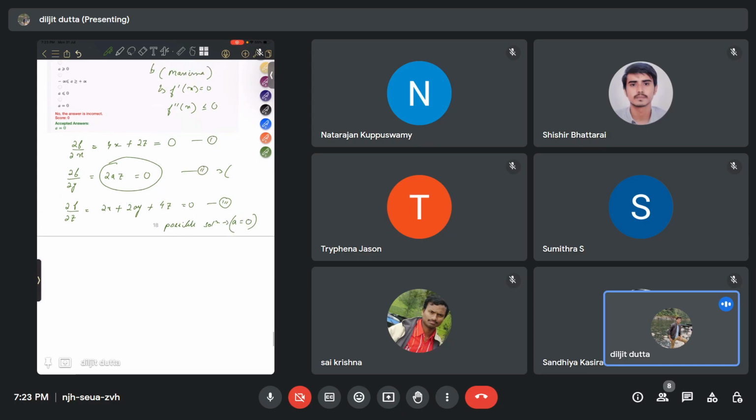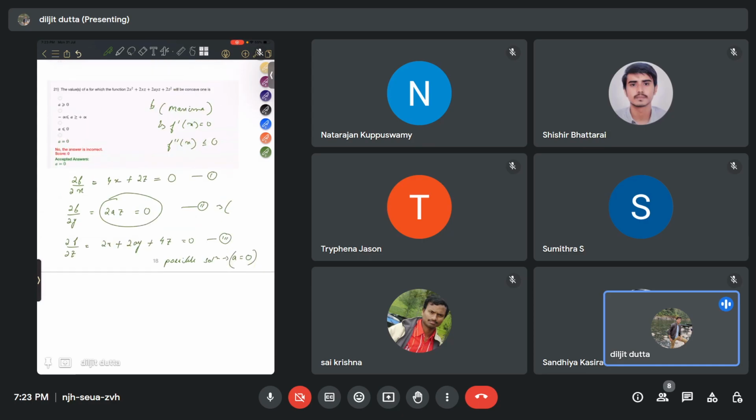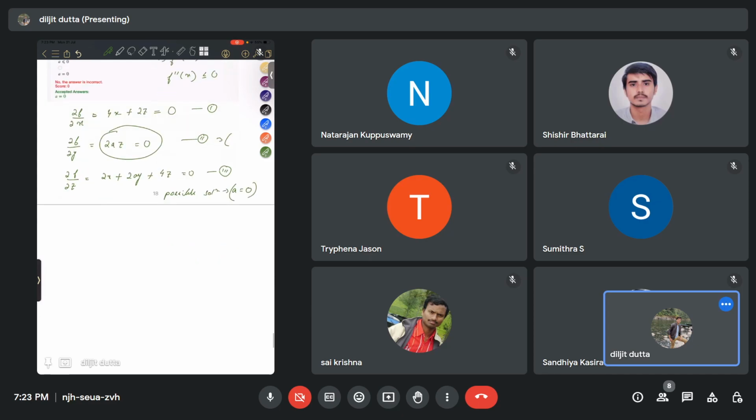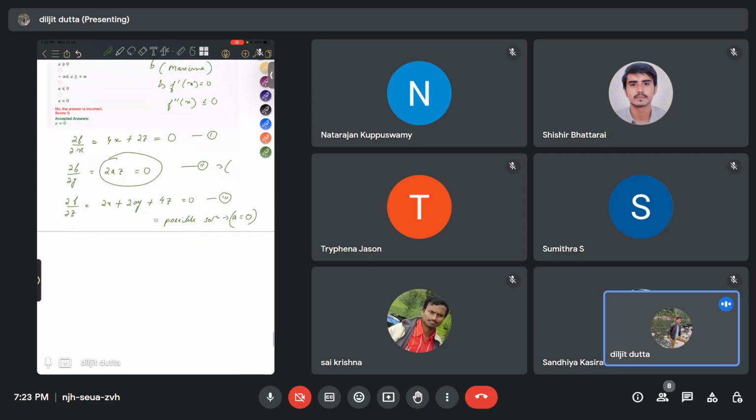Now at a is equal to 0, how will the Hessian matrix be? So let's substitute.